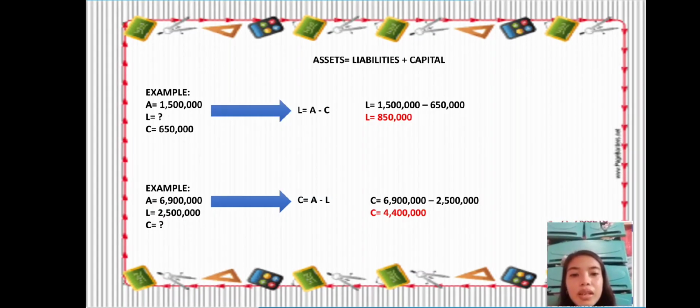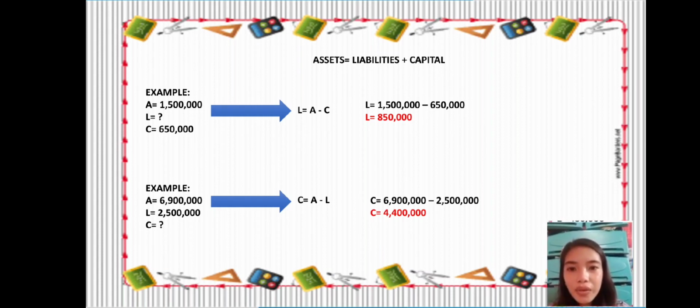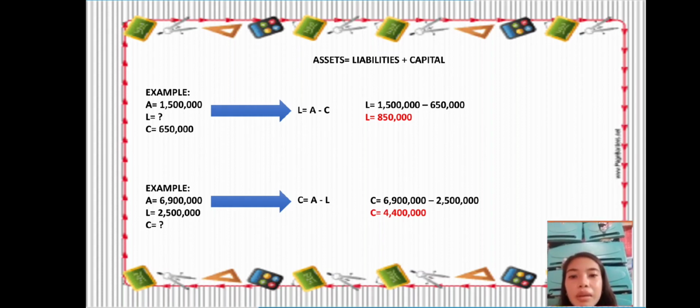The next example is we need to find liabilities. In finding liabilities, the equation that we need to use is liabilities is equal to assets minus capital. So we are going to deduct or minus. The given example here is 1,500,000.